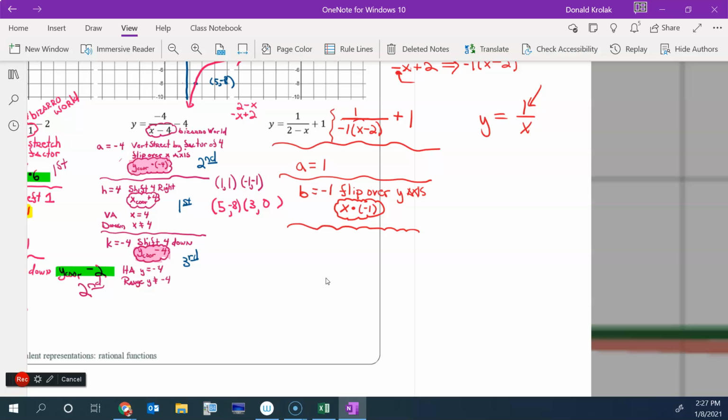Remember, this is bizarro world, so I see -2, but I think of that as a +2. So h is 2. So that means I'm going to slide 2 right. And I do that by taking the x coordinate and adding 2.